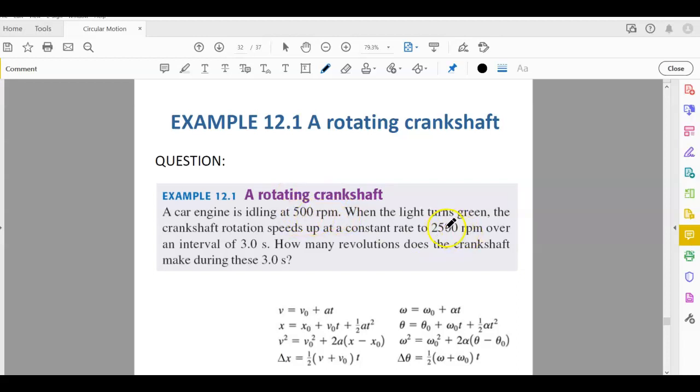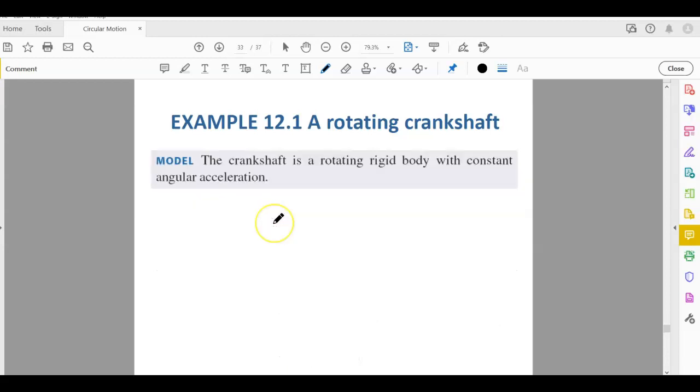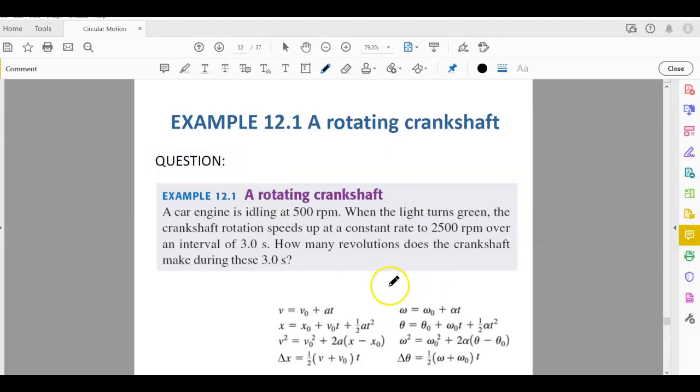It's then going to speed up to a higher angular velocity over the period of 3 seconds. So you're going to be doing basically the same thing that we just did. We're going to be using omega final equals omega initial plus alpha times t. And they want to know just how many revolutions does a crankshaft get through.